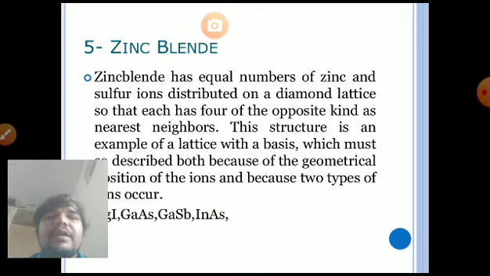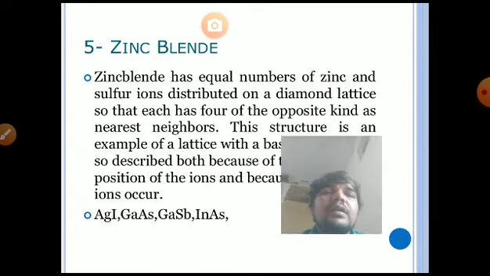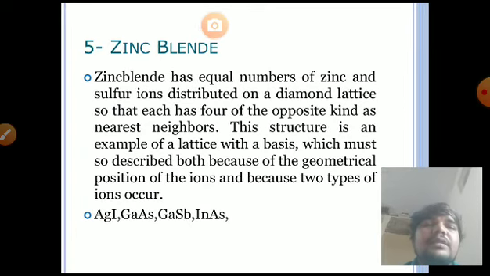Next one is zinc blende. Zinc blende has an equal number of zinc and sulfur ions distributed on a diamond lattice so that each has four of the opposite kind as nearest neighbors. The structure is an example of a lattice with a basis, which must describe both the geometrical position of the ions and the two types of ions that occur, for example gallium arsenide.